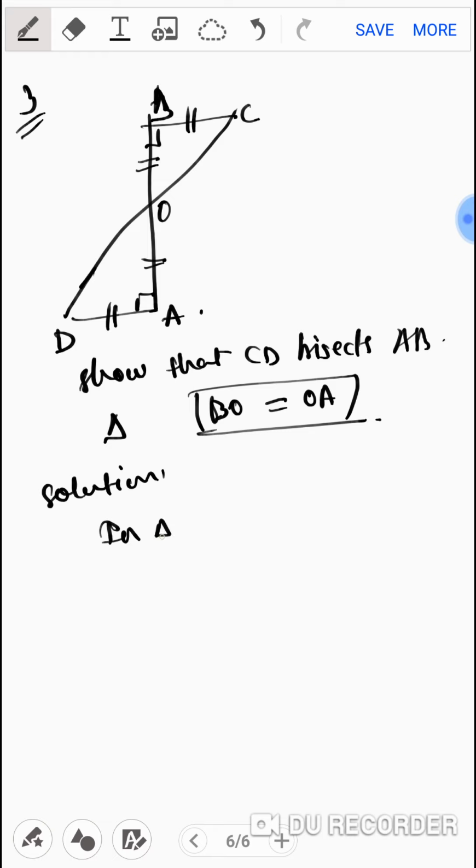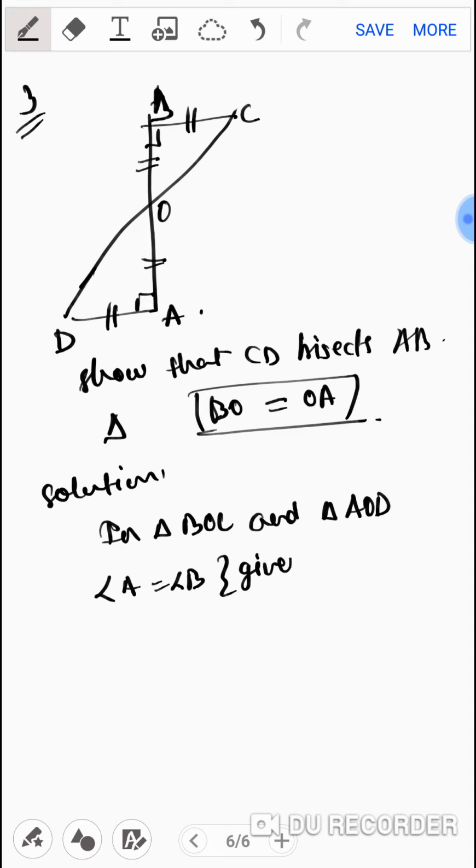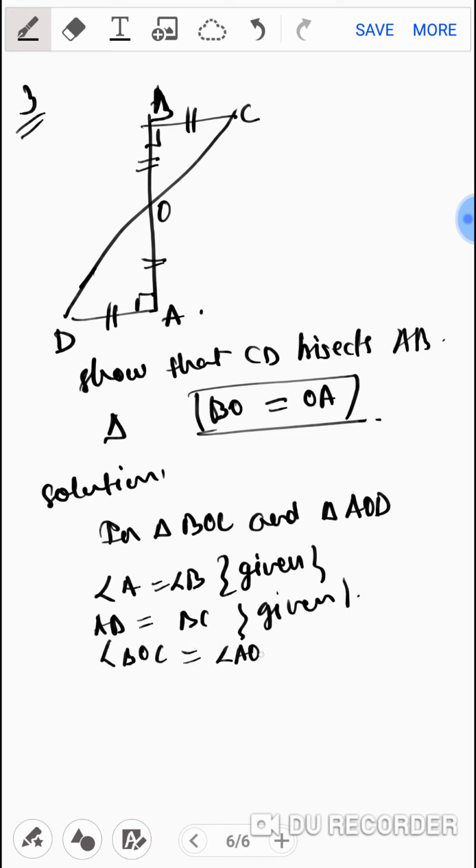Can you take in triangle BOC and triangle AOD? See, your first point is there. Angle A is equal to angle B. Why? Given, it is 90 degrees. Yes. AD is equal to BC. Why? Given. And you can take angle BOC is equal to angle AOD.